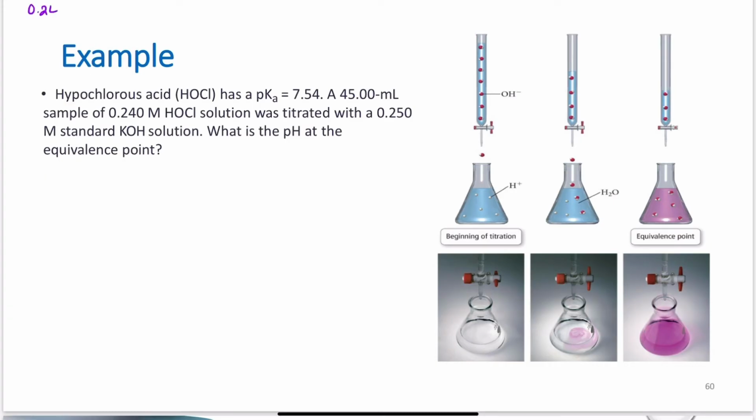So 0.240 molar HOCl times 0.04500 liters gives me 1.08 times 10 to the minus 2 moles of HOCl. I know that I use a 0.25 molar standard solution of KOH. How many moles of KOH do I use?